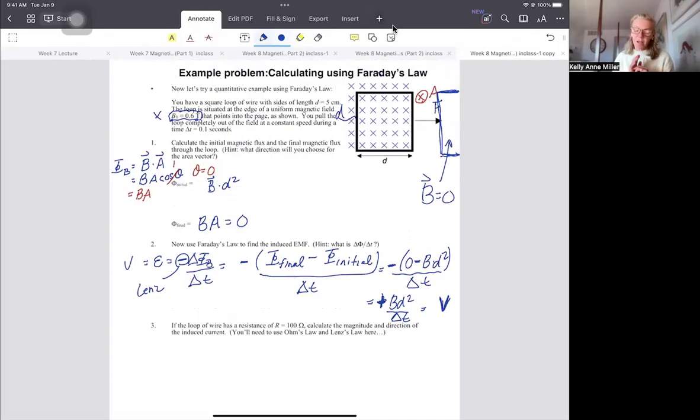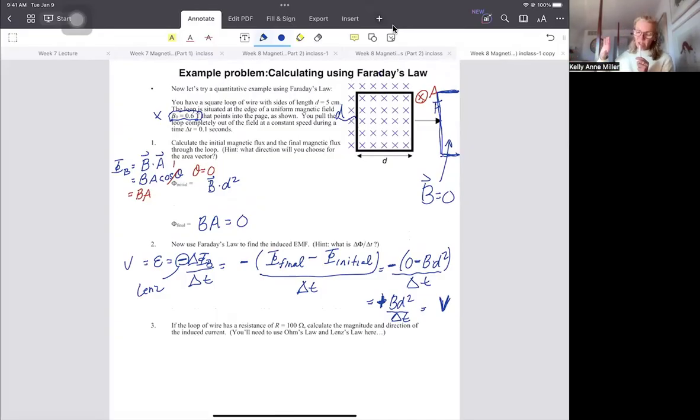The flux is decreasing, right? And it's decreasing into the page. It's initially pointing into the page, and the flux is decreasing as I pull the loop outside the field.